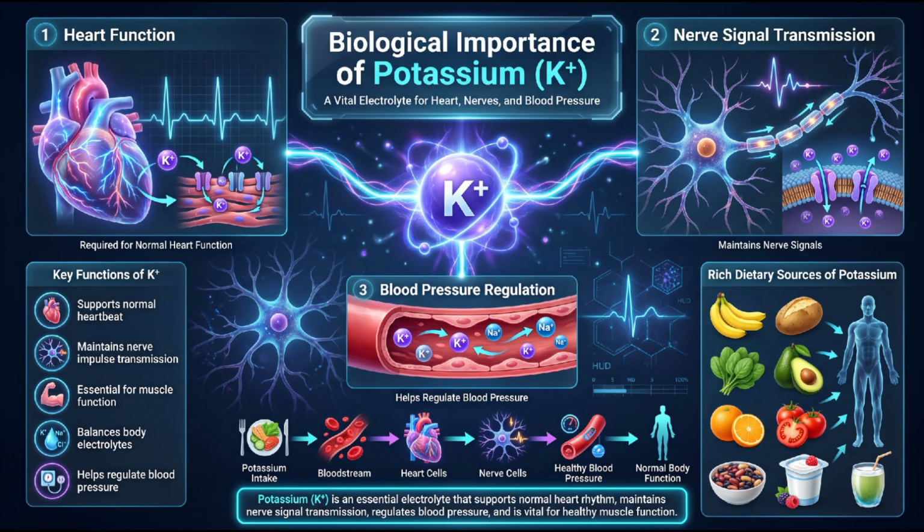By working together with sodium through the sodium-potassium pump, potassium helps generate electrical signals, maintain fluid balance, and support the coordinated functioning of the nervous, muscular, and cardiovascular systems. Without adequate potassium, the heart, muscles, nerves, and many other vital organs would be unable to function normally, making potassium one of the most biologically important S-block elements essential for human life.